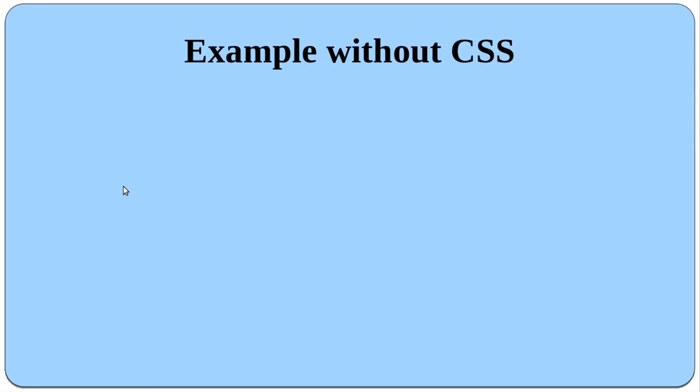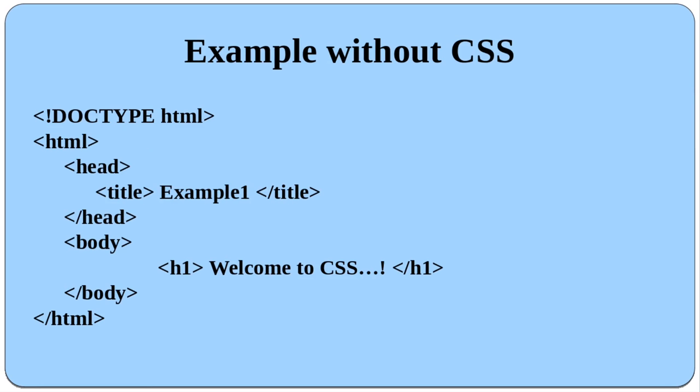Let's discuss one example without CSS. Here we have head section under which you write title example 1. So example 1 is the title of this web page. Under body section you have H1 element which displays the text welcome to CSS.